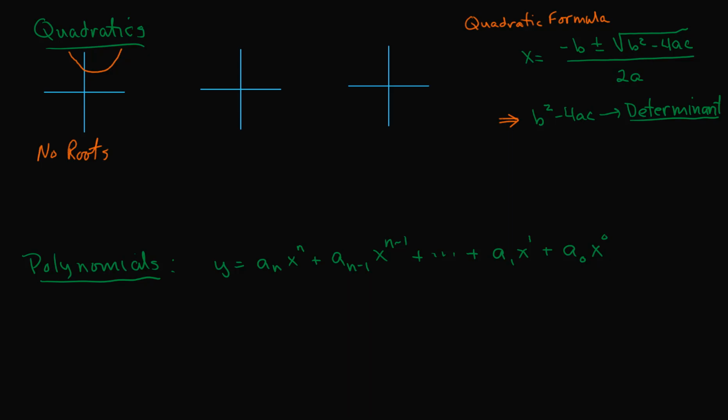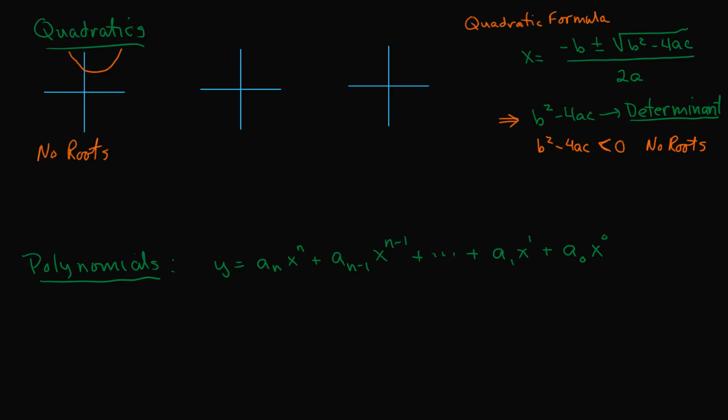This will actually determine how many roots the quadratic that you're considering is going to have. In the case where b squared minus 4ac is less than 0, remember you can't take the square root of a negative number, okay? It's undefined and you have no roots. In other words, the x value is undefined in the real numbers.